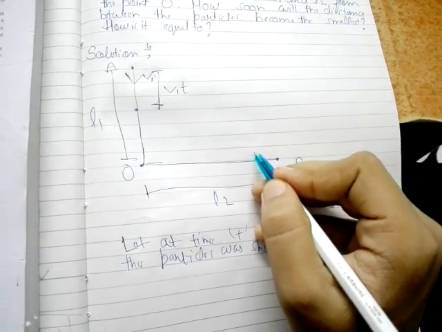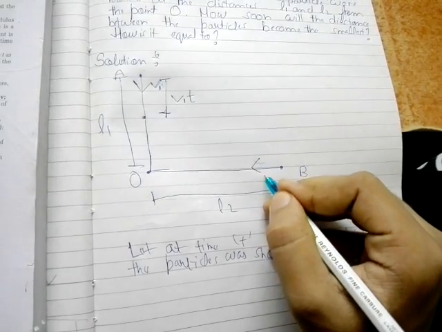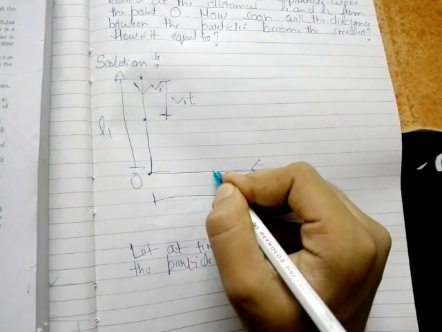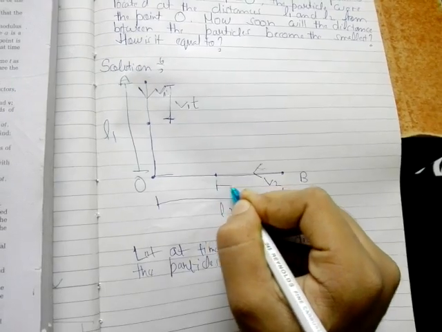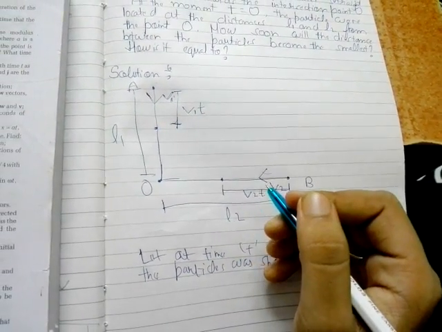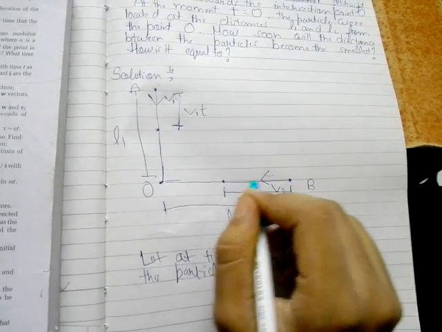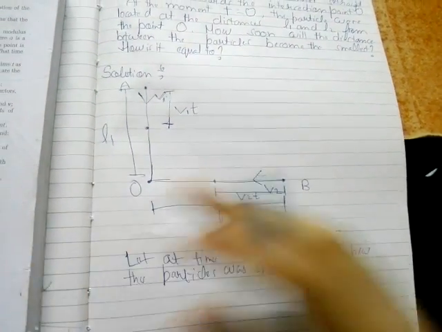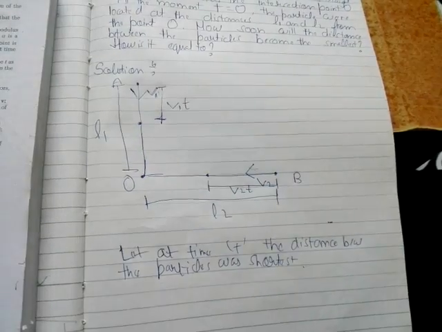And similarly for particle B, moving with velocity v2, after t seconds it would have moved v2t distance. Distance and displacement mean the same thing as the object is moving in the same straight line, so it doesn't matter what we are taking.